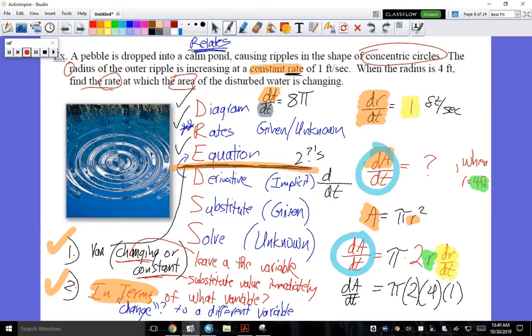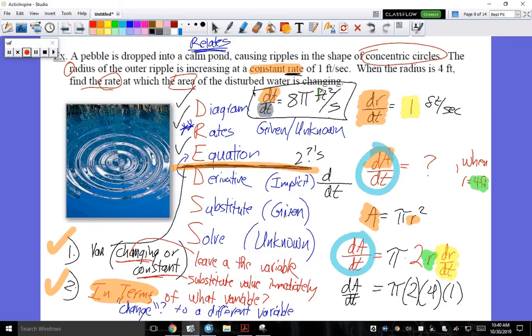It will be a two-dimensional cross-section of feet squared. So this will be square feet per second. Let's default to feet per second, okay? Unless it says. It did say. All right, feet squared per second.